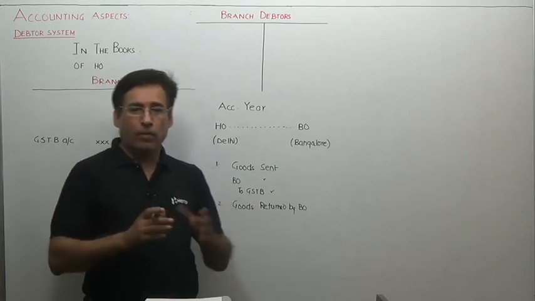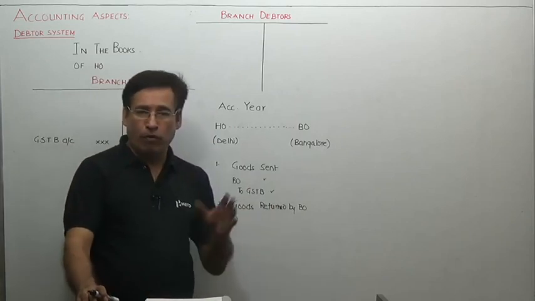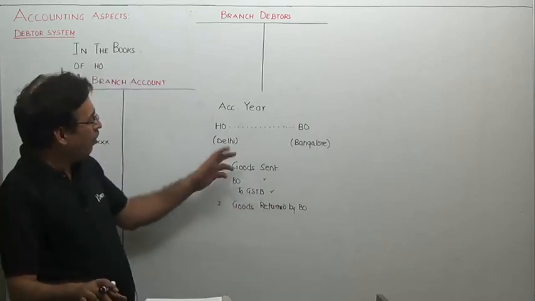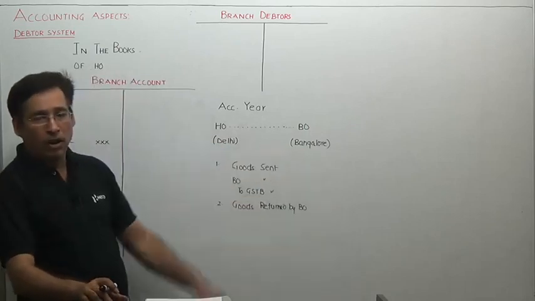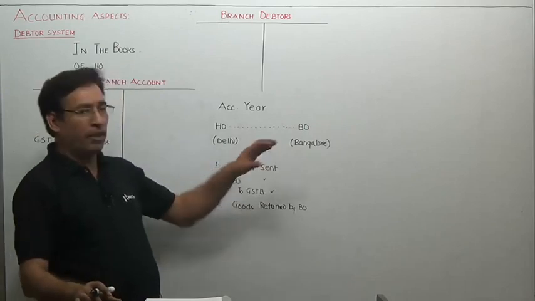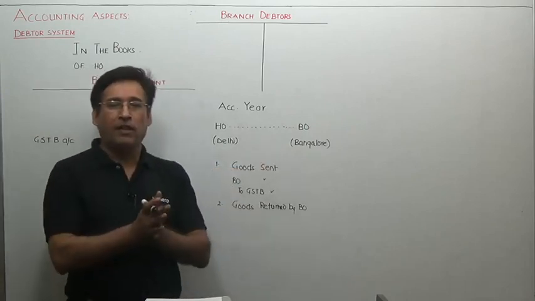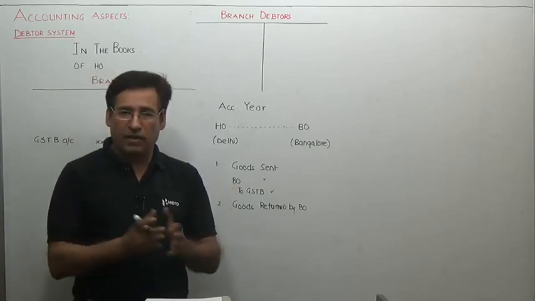Now there could be another possible reason for such returns. I have already told you that we are presuming the entire case on the condition that head office is in Delhi and branch is in Bangalore. It's quite a fair bit of distance. By train it consumes near about 36 hours and by flight near about 2 hours and 45 minutes. So it's quite a distance, isn't it?